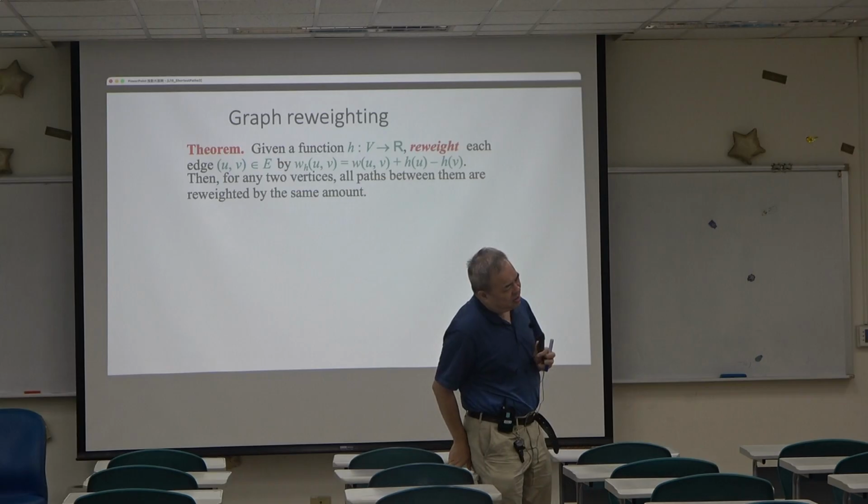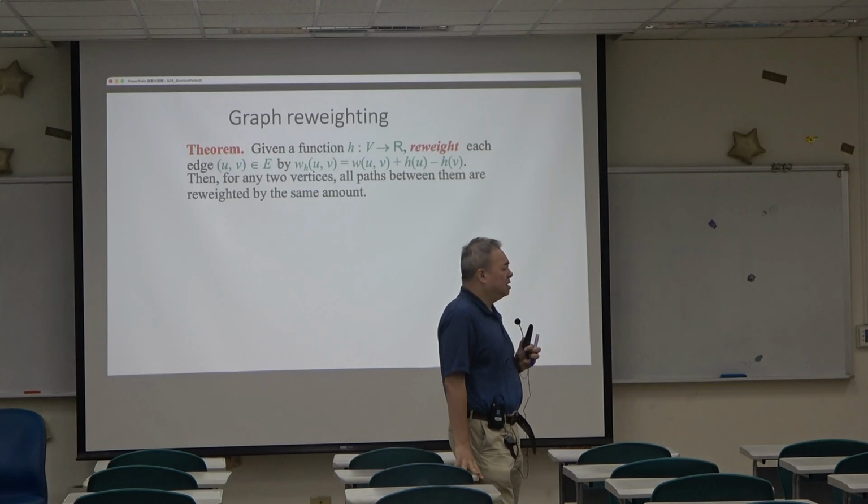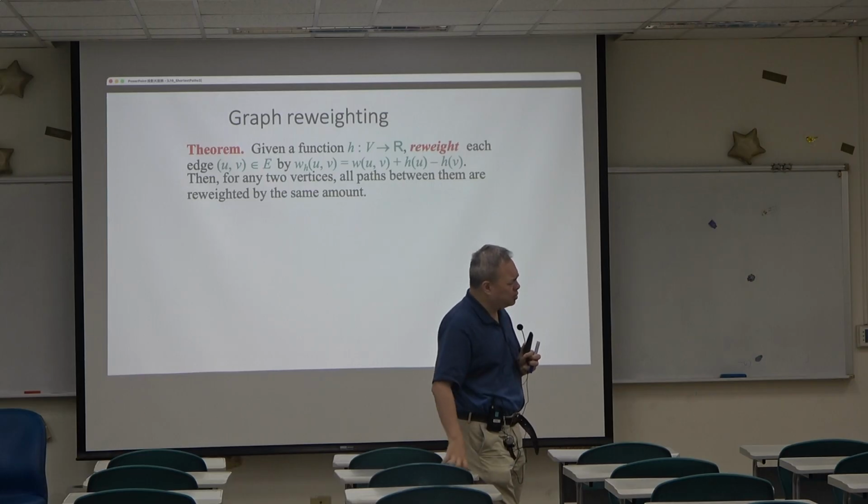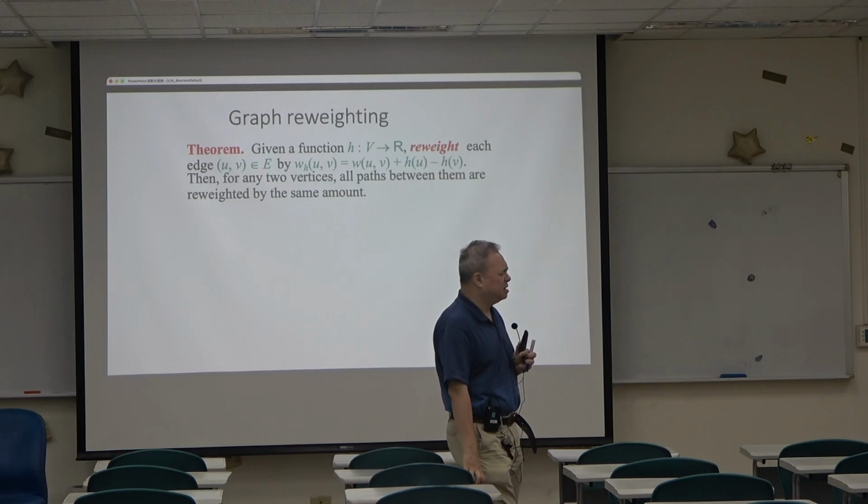So although the complexity of Dijkstra's algorithm is lower than Bellman-Ford, we couldn't use Dijkstra because, as I said, you may have negative weight edges in your graph.